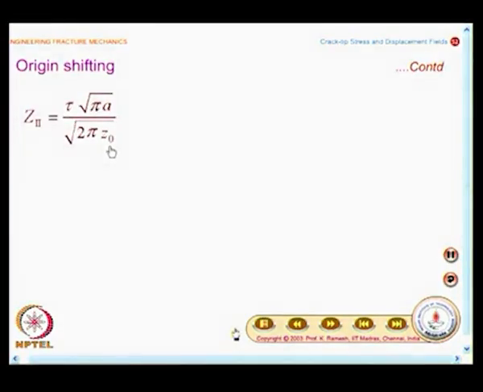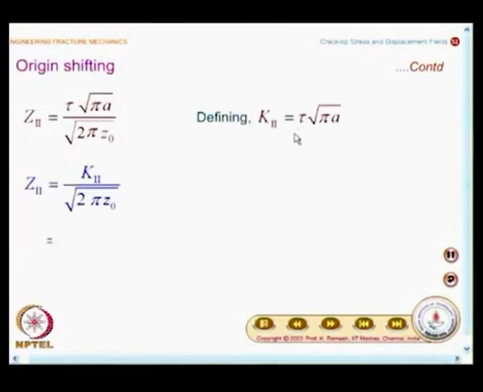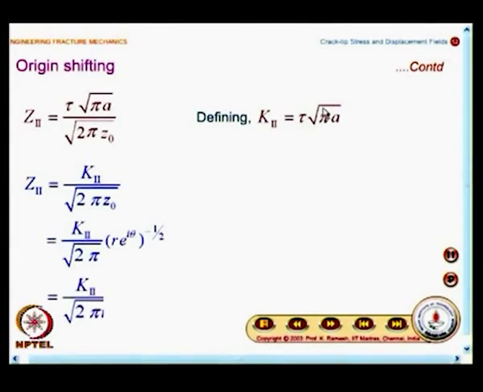This is what you had seen in the case of mode 1, and here again we would coin the definition of stress intensity factor K2, and K2 is defined as tau root of pi a. So, I can recast this expression as Z2 equal to K2 by root of 2 pi z naught, which could be modified as K2 by root of 2 pi multiplied by r e power i theta whole power minus half.